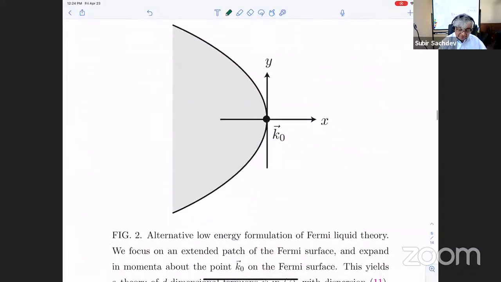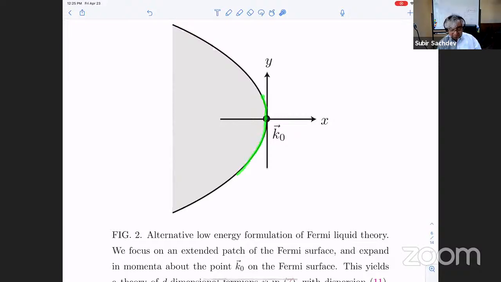Okay, all right, so this is what we're going to do. We're going to pick a point on the Fermi surface, call it K naught. And we're just going to focus on phenomena near K naught, at least for today. So we just focus on anything that's happening here. And you can notice from the picture, I'm also going to worry about the fact that the Fermi surface is not flat.